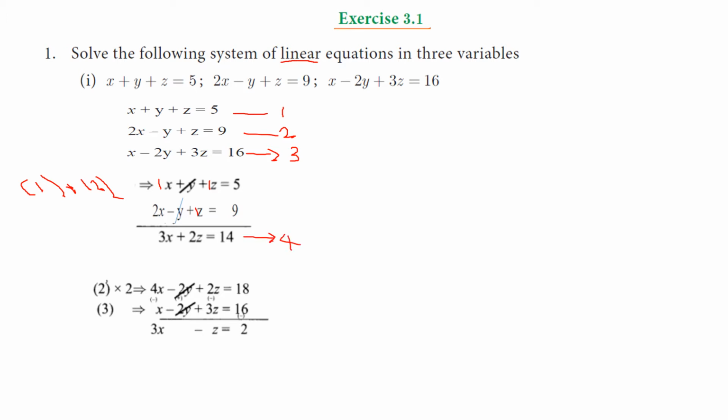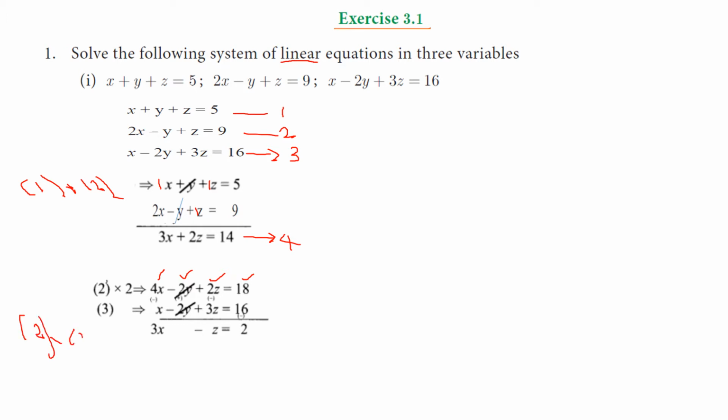Next you see the third equation, x minus 2y plus 3z equal to 16. That's why we multiply the second equation by 2. That is 2x into 2, 4x. Minus y into 2, minus 2y. z into 2, 2z, equal to 9 into 2, 18. So for that we are subtracting 2 minus 3.